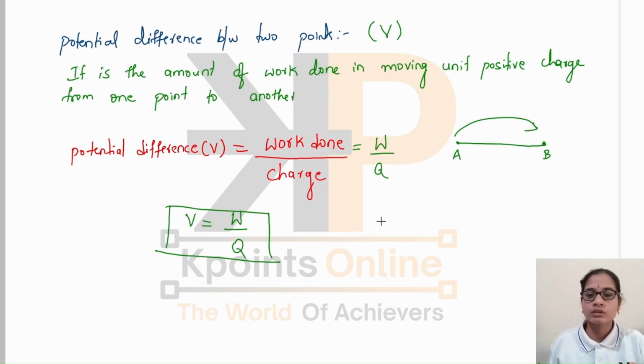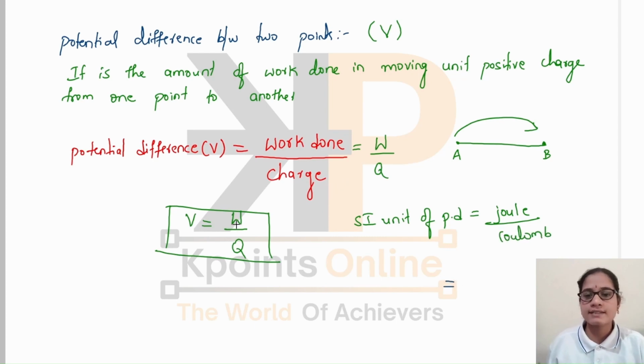And also the SI unit of potential difference is equal to the SI unit of work, that is joule, per SI unit of charge, that is coulomb.